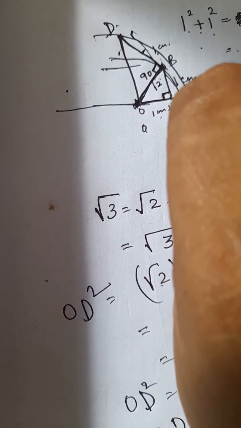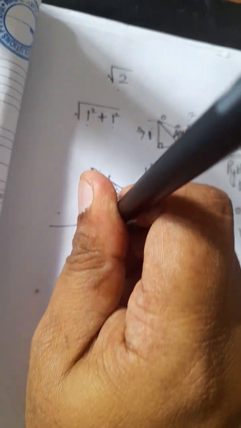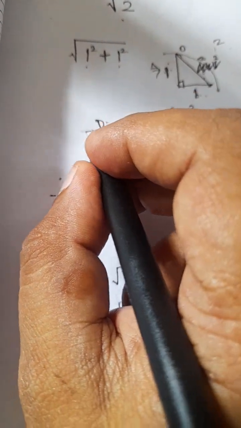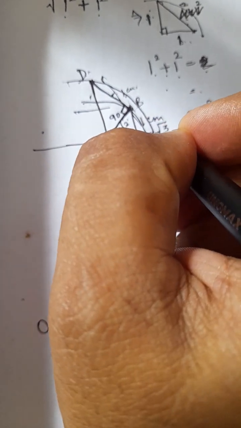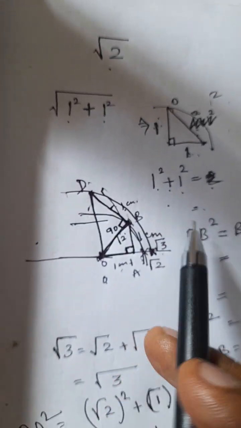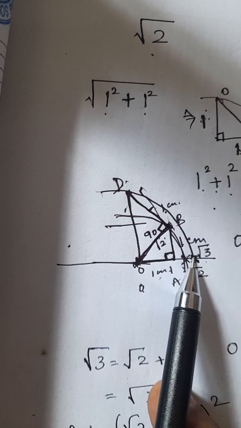With your compass point kept here, take this length from here to here and then draw an arc, which intersects the number line, and this point of intersection of the arc and the number line represents root 3.